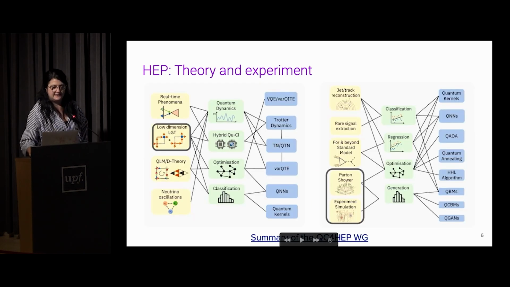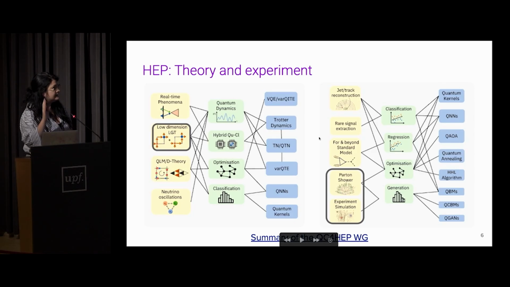And here it is. We have a community of QC for HEP, which is quantum computing for high energy physics. We are not very original in acronyms. And the way this community is shaped is we have 2 parts. We have the theorists and the experimentalists. And this kind of drives the way we see the problems.